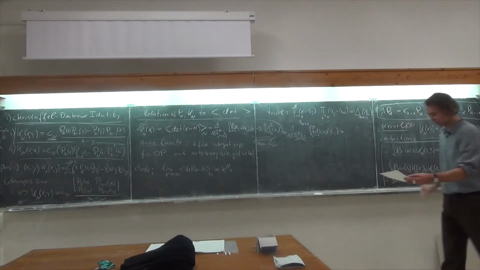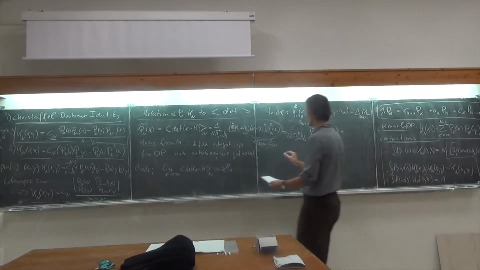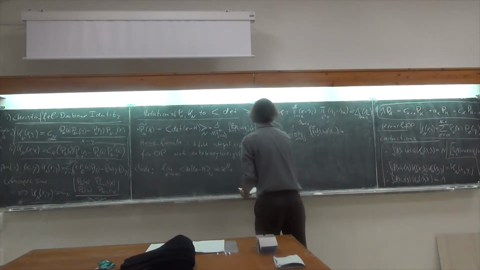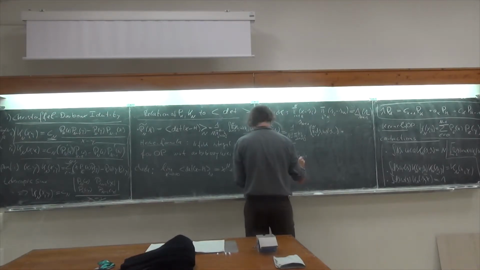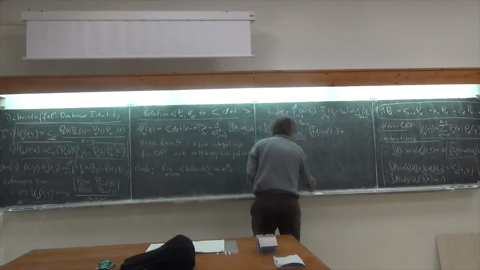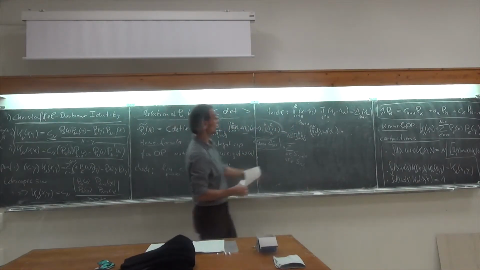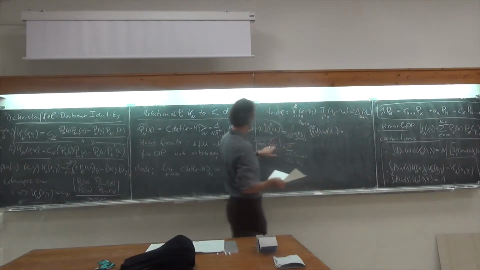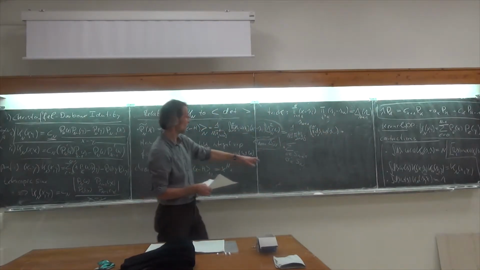Okay, so let me write down the expansion. Again, we have permutations, 1 over the permutation group of size n plus 1. That's this one. And then one Vandermonde where we have permutations of n there.